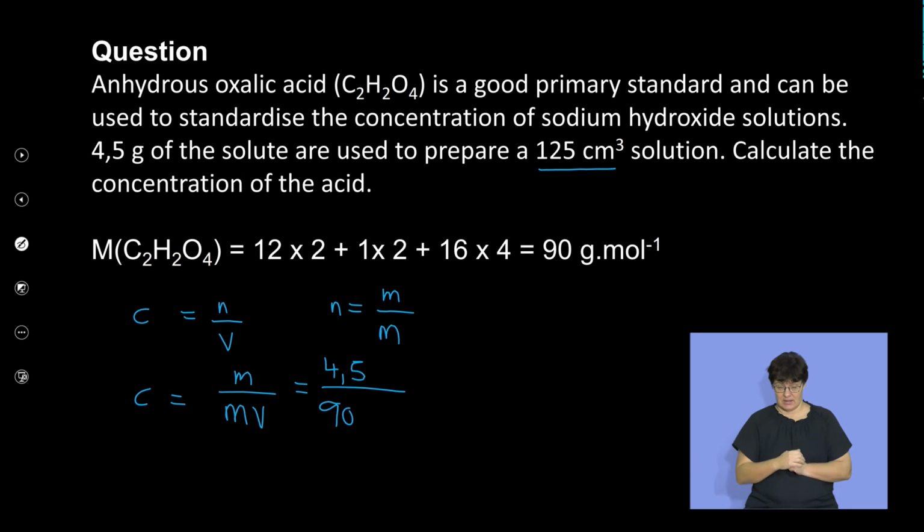So it's a homogeneous solution that will be formed. So 125, we convert this to cubic decimeters, we divide it by 1,000, which is 0,125 cubic decimeters. So we are able to determine the concentration.